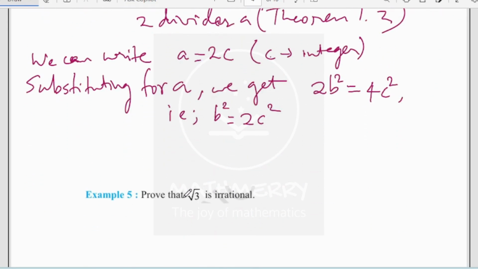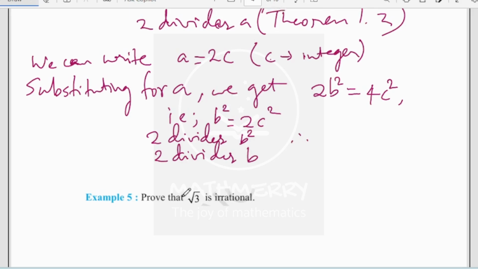So here what are we getting? We are getting 2 divides B square, then 2 divides B. So if you see here, we are getting a contradiction. A and B have at least 2 as the common factor, right?